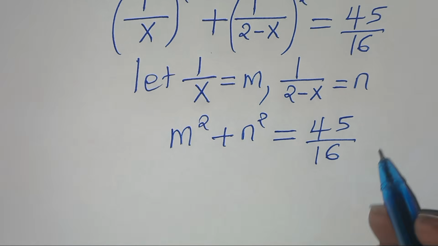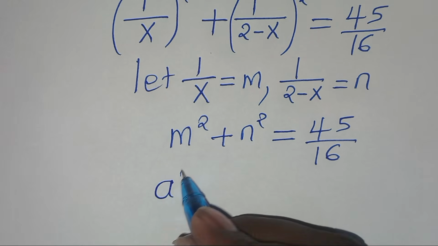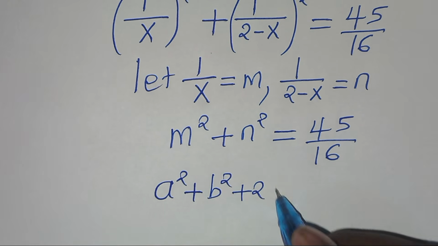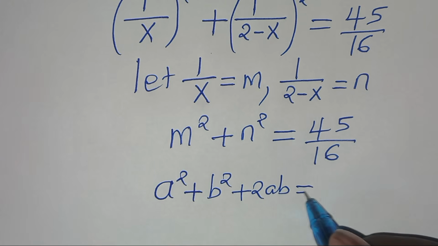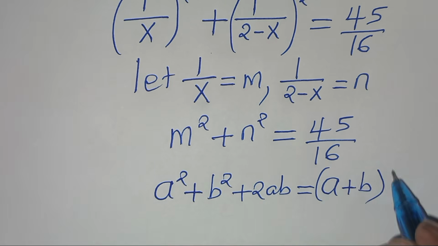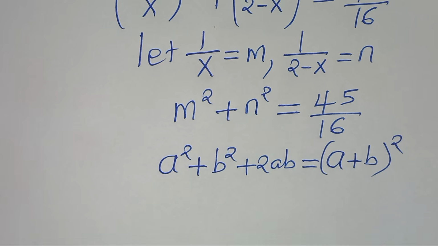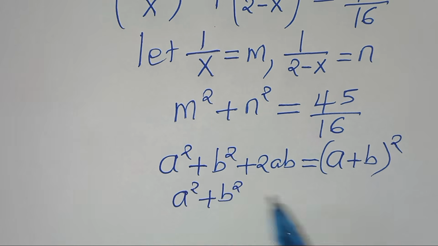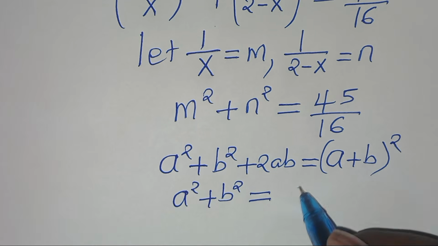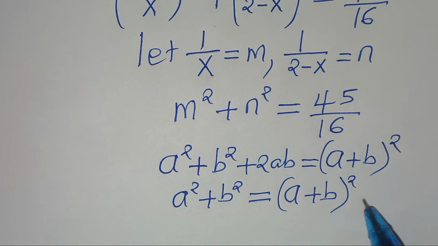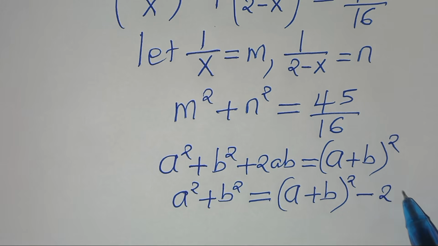From the algebraic identity, a squared plus b squared plus 2ab can also be expressed as a plus b raised to the power of 2. This means that a squared plus b squared is the same thing as a plus b raised to the power of 2, then subtract 2ab.